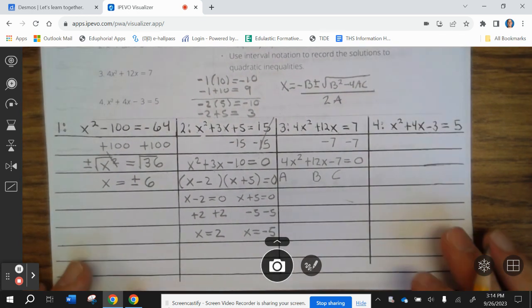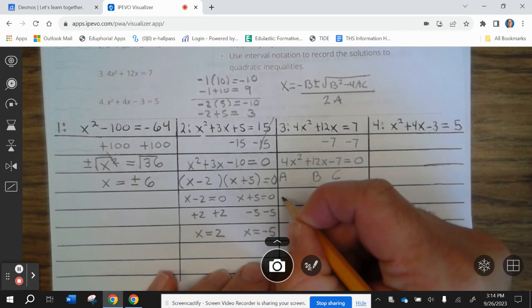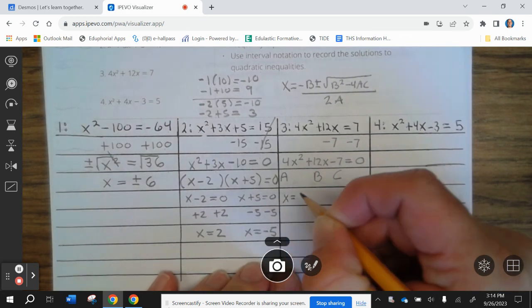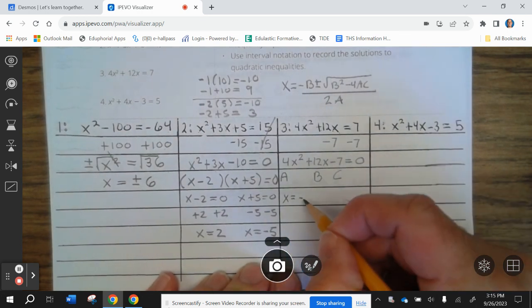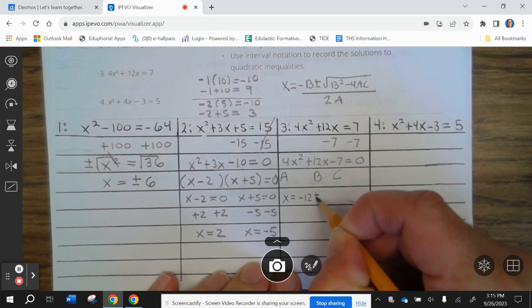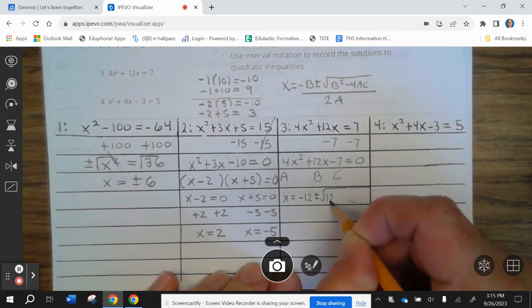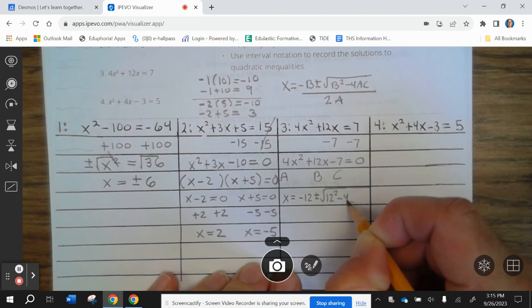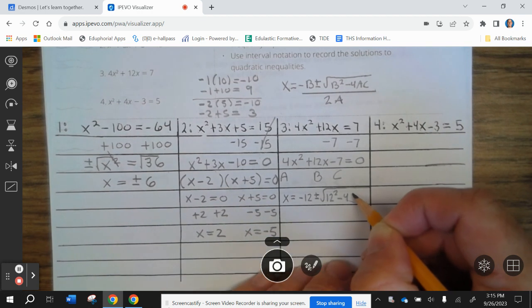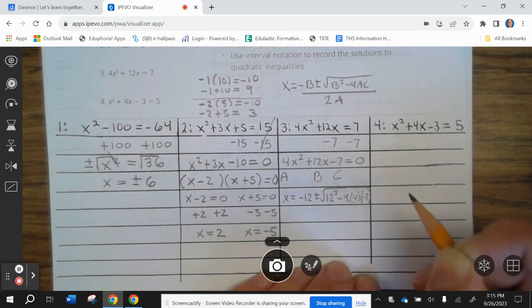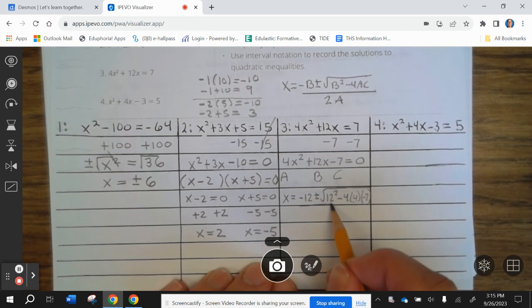Okay. Now, we're going to plug these numbers in here. So that's x equals negative b, which is negative 12, plus or minus the square root of 12 squared minus 4 times 4 times negative 7, divided by 2 times 4.